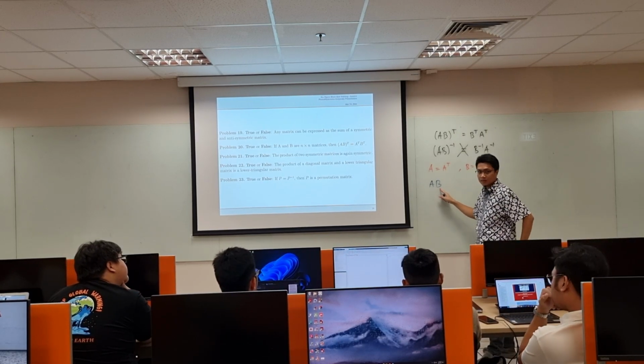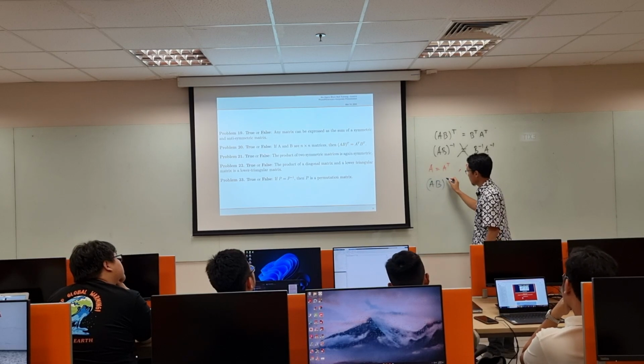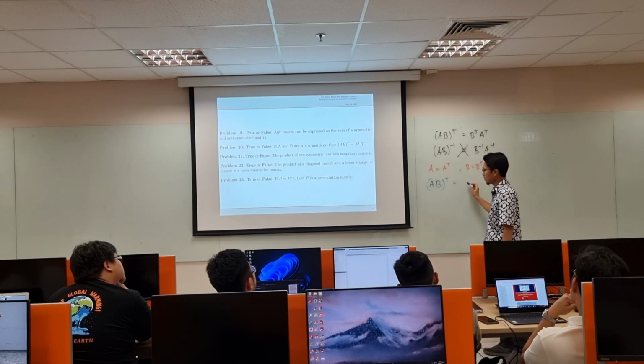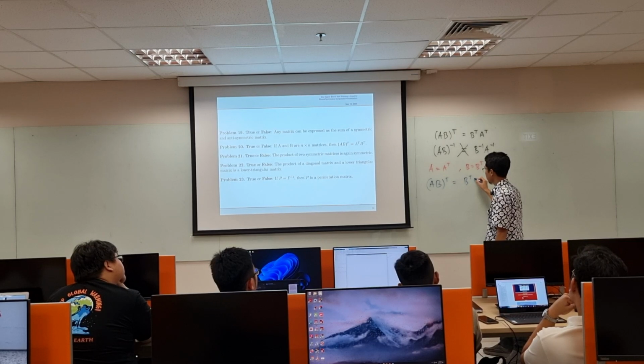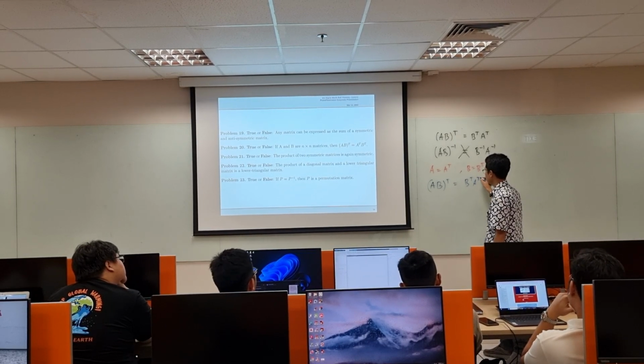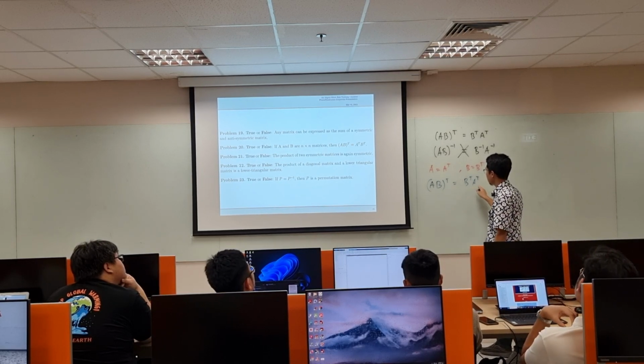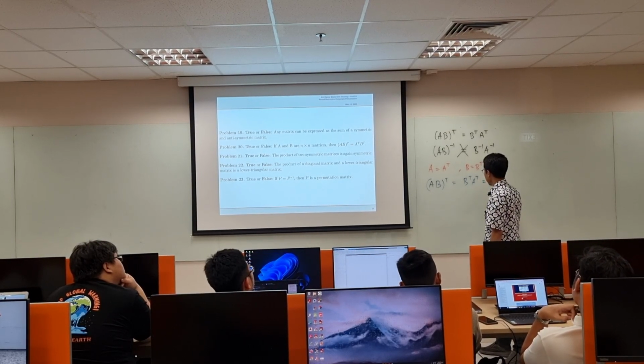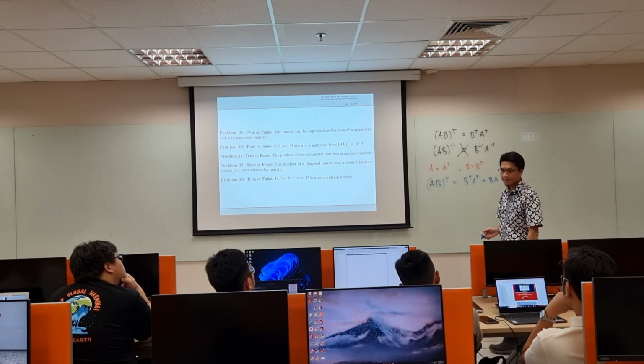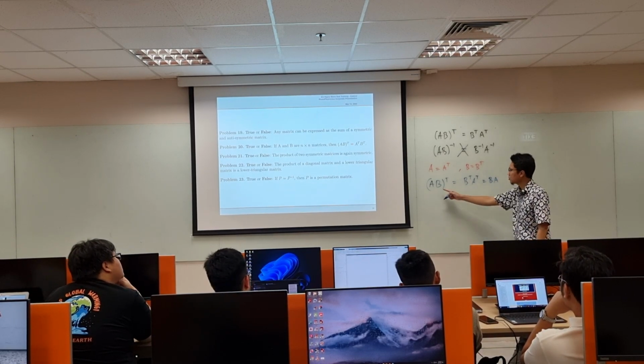If AB is symmetric, then its transpose must be the same as B transpose A transpose. So that means AB must be equal to BA. Is this true?